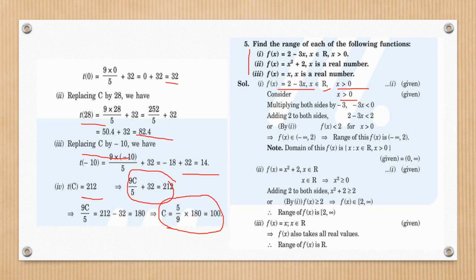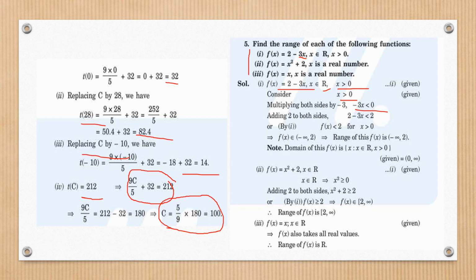So I'll change this x to 2 - 3x as we did in the topic of linear inequalities, right? First I'll change this x > 0 to 2 - 3x, and in that way I'll get conditions for f(x). As x is greater than 0, first I'll make it -3x. Multiply both sides by -3, I get -3x < 0. Why? Because multiplying with a negative sign changes the direction of the inequality.